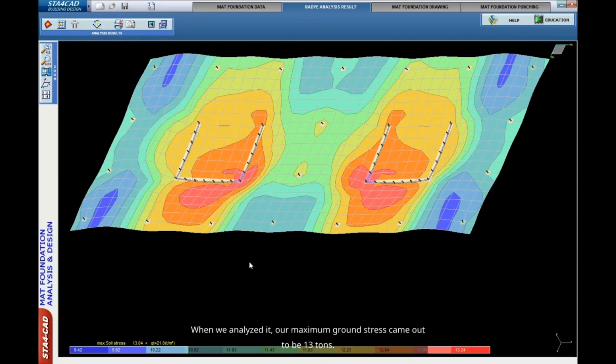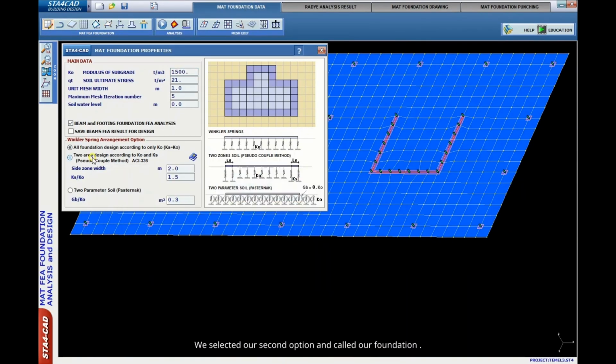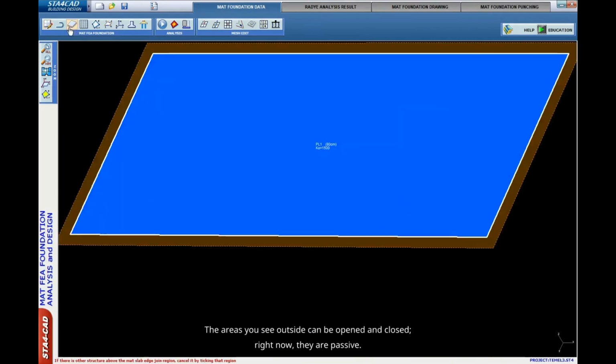And we analyzed it. Our maximum ground stress came out to be 13 tons. Now, let's select our second option. We selected our second option and called our foundation. The areas you see outside can be opened and closed.